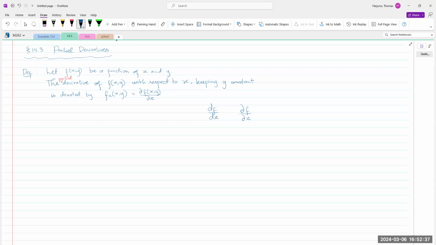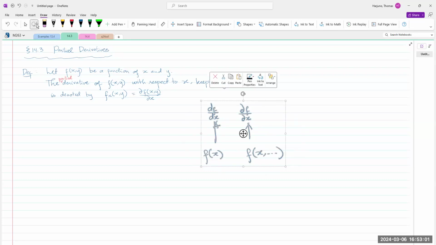Okay, for future reference, if you see this notation, then we know that function is a function of x only. If you see this notation, then that function is a function of x and something else. Now we have more. The notation for this partial derivative, we have a lot of that.